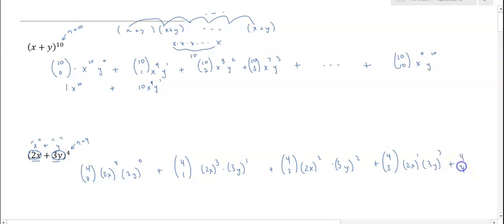Last term, 4 combination 4, which will be 2x to the 0 power, 3y to the 4th power. And then these coefficients are going to be 1, 4, 6, 4, and 1. Those are our binomial coefficients that we saw earlier.